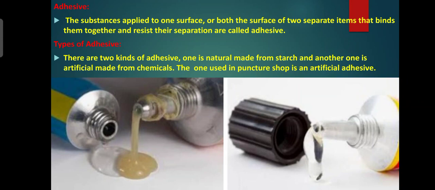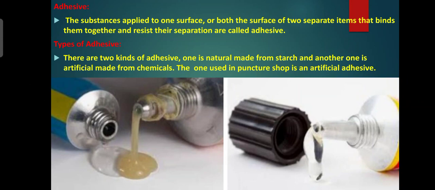The paste-like substance is called adhesive. It is commonly known as glue, mucilage or paste. The substance applied to one surface or both surfaces of two separate items that binds them together and resists their separation is called adhesive.